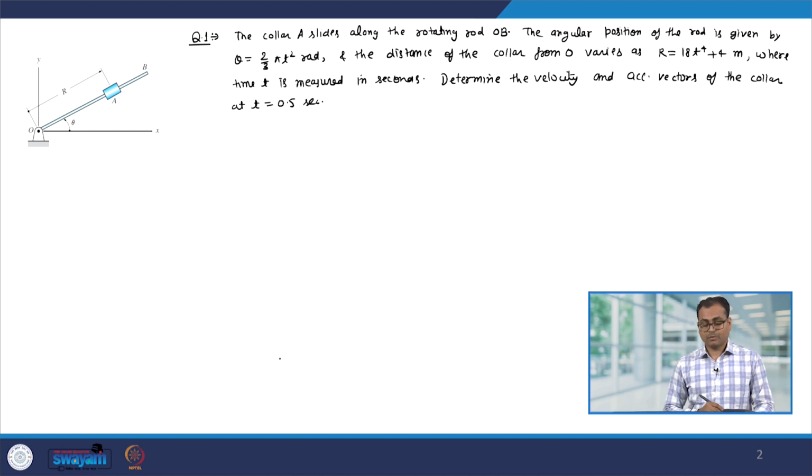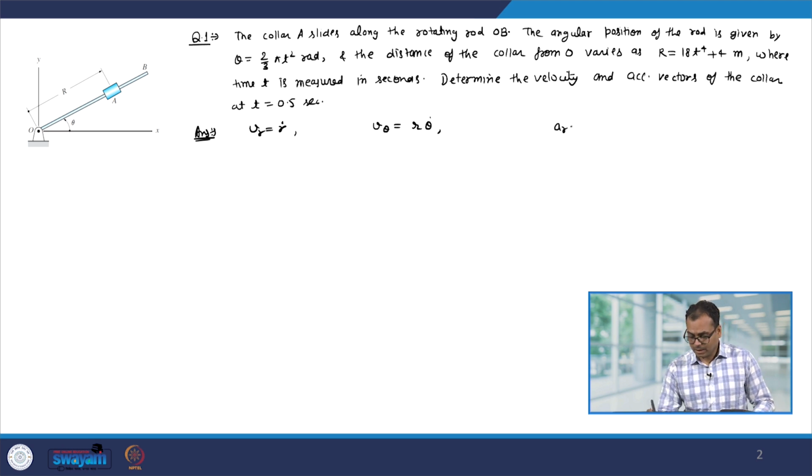Now, it is obvious in this question that the collar is making planar motion, therefore, we will use the planar polar coordinate, and there the velocity in r direction Vr is r dot and V theta is r theta dot. The acceleration along r is r double dot minus r theta dot square, and the acceleration along theta direction is r theta double dot plus 2 r dot theta dot.